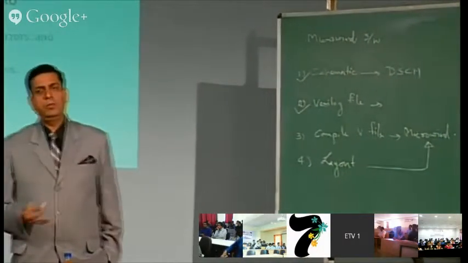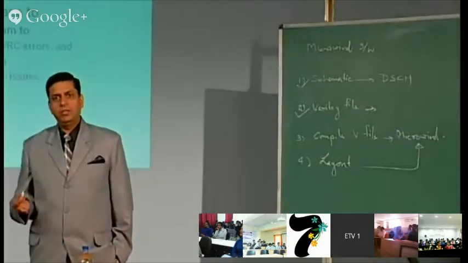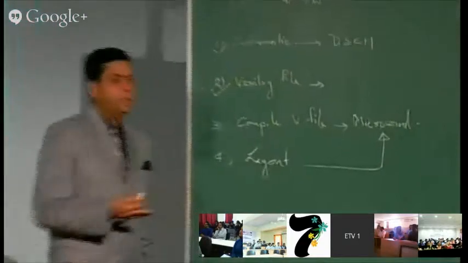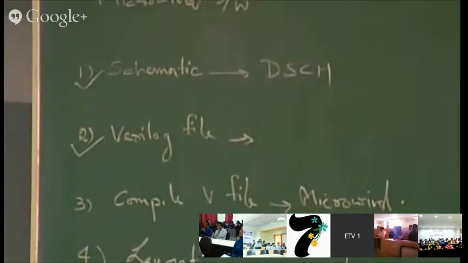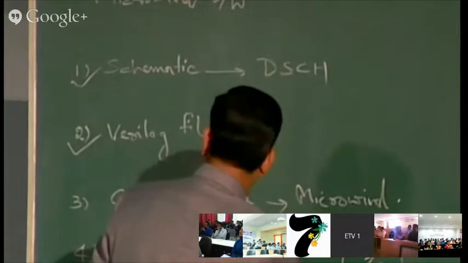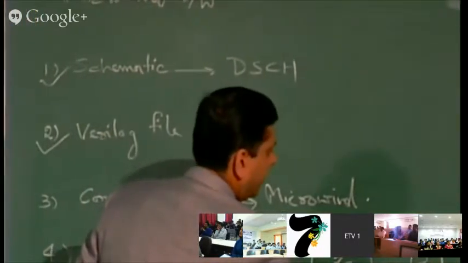You can create your PMOS, NMOS, everything you can create in Microwind. But for that, you should have a good knowledge of your lambda rules. Once that is known to you, you can straight away go to the layout design in Microwind.